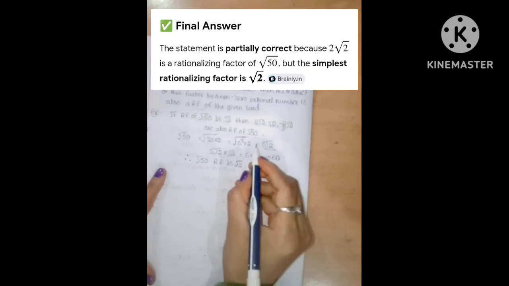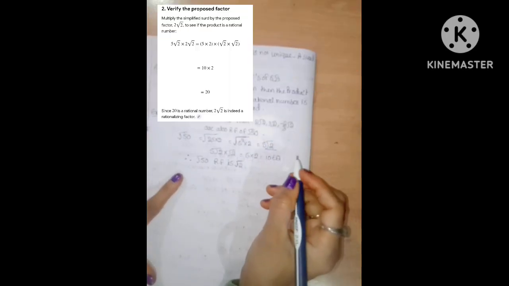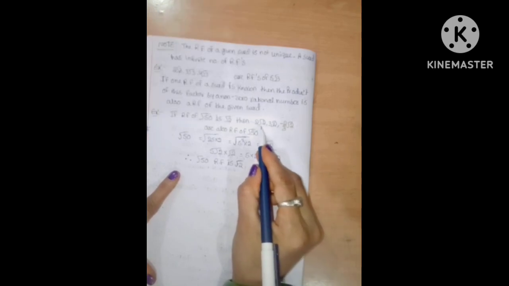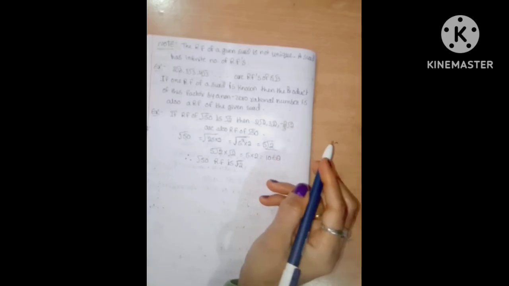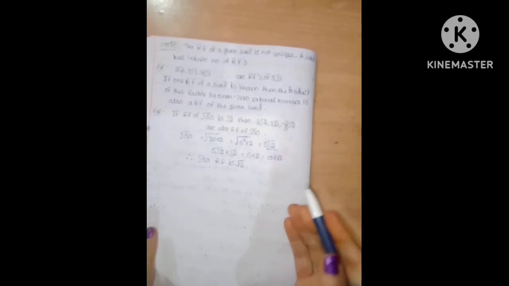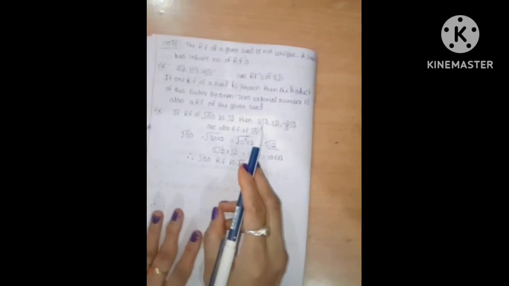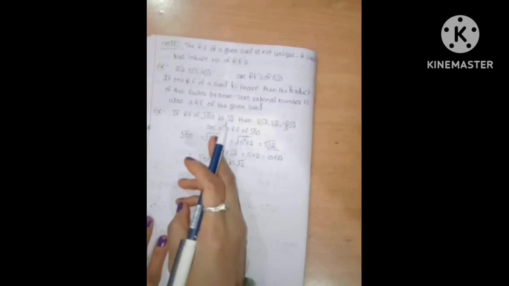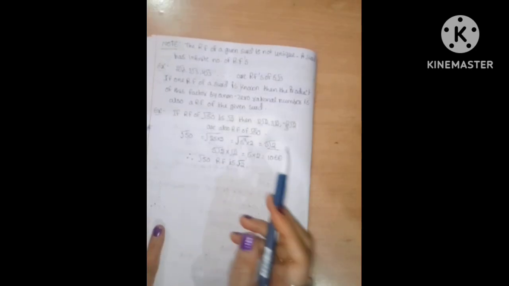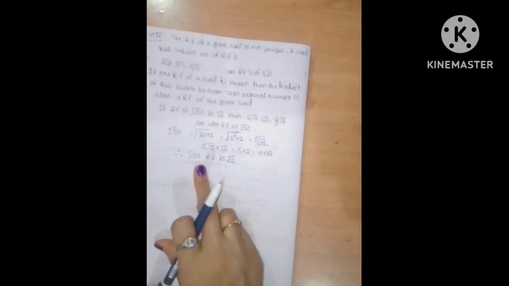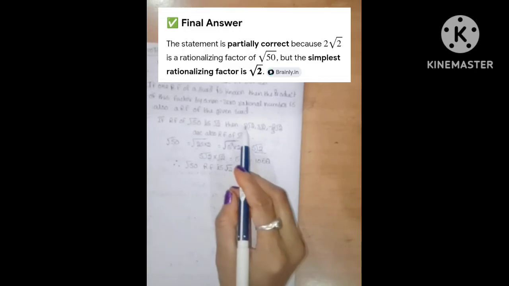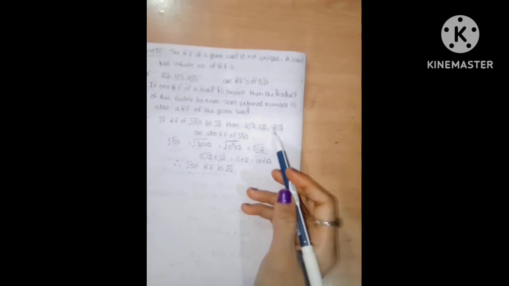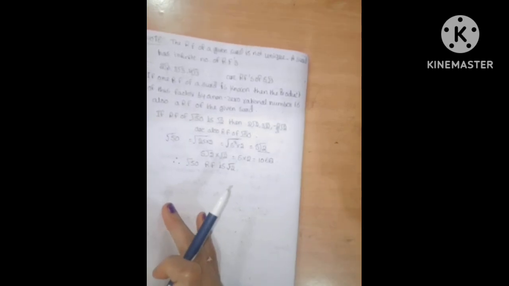Root 2 into 2 root 2, root 2 into 3 root 2, root 2 into 2 by 3 root 2, each gives a rational number. So these are the rationalizing factors of root 50. Vice versa, are you clear? The rationalizing factor of root 50 is root 2, and also 2 root 2, 3 root 2, and minus 2 by 3 root 2.